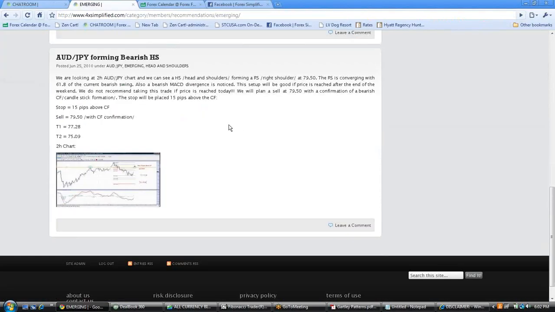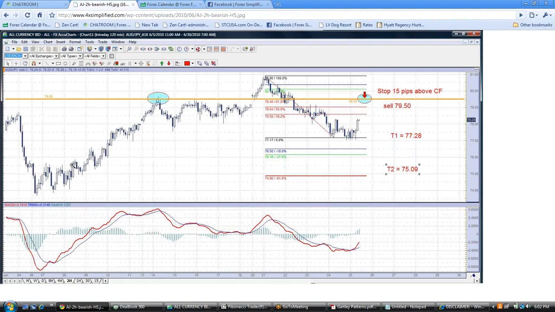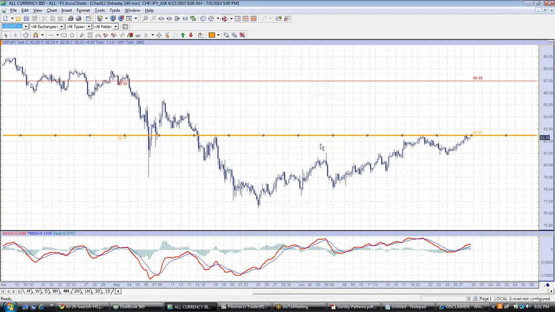There is a couple of patterns developing right now. This is 2-hour chart, Aussie JPY, and there is bearish head and shoulders, and this level here is very, very strong resistance area. Let me see it on the chart. Look at this area. This is 4-hour chart. Look at this high, this high, this high.